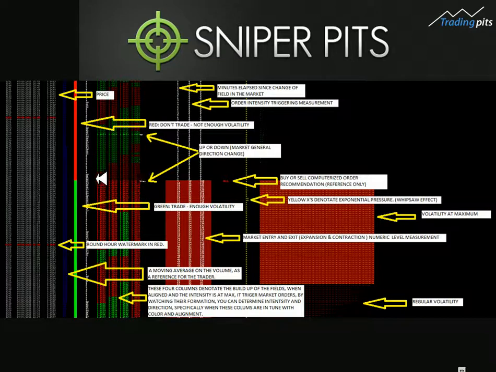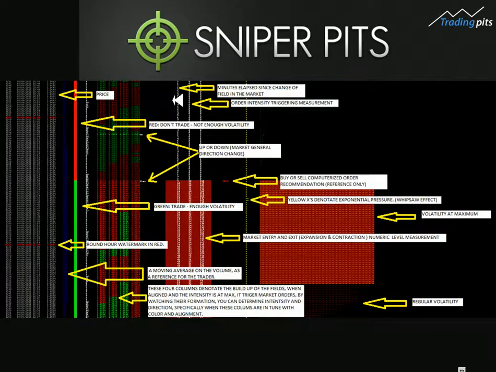Or we'd like to see a straight line of green. And so here we see also there's an up or a down marked there as well. So think of it this way, these 4 columns denote the build-up of different possibilities. And when they're all aligned, that means the intensity is at its max.